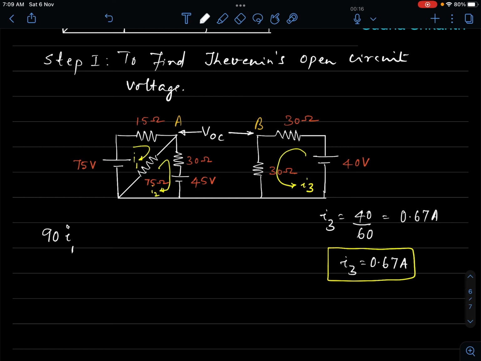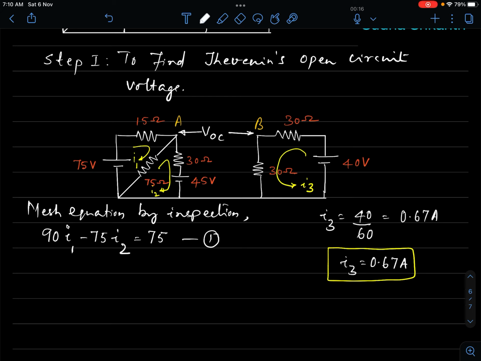The resistance that is common between mesh 1 and mesh 2 is 75 ohm. This is 75 into I2, and this is equal to 75 volt. I'm writing the mesh equation by inspection. If you cannot write it by inspection, you can write it by first principle. It doesn't matter. You have to get the same equation at the end of the day.